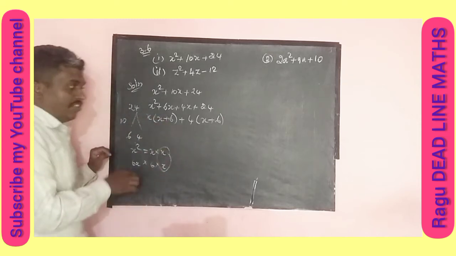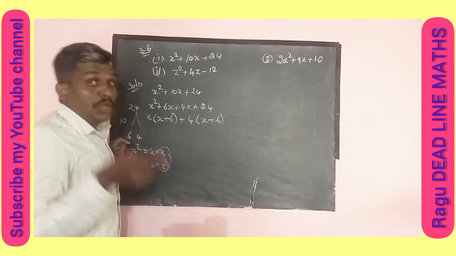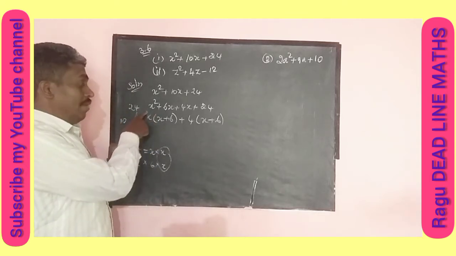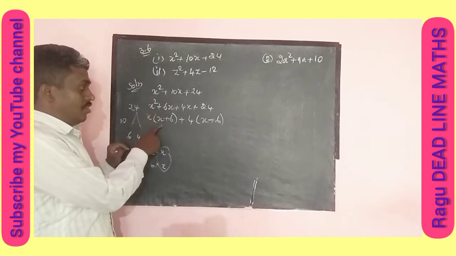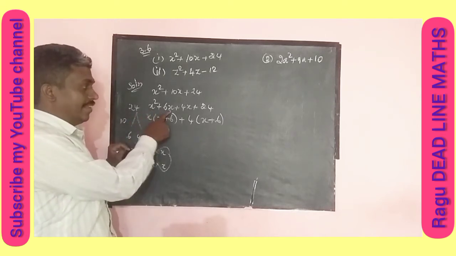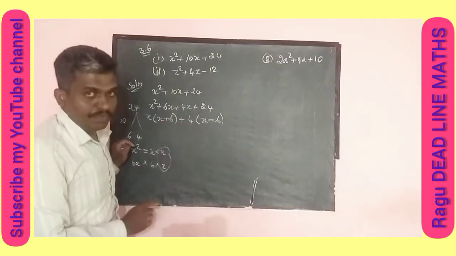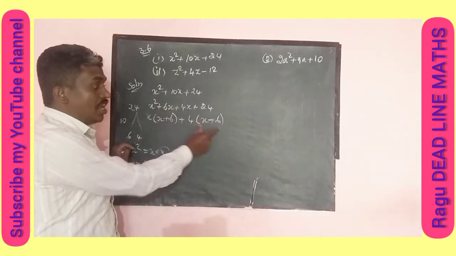Now in this step you have to verify whether your answer is correct or wrong. How? You multiply this again, and you want to get this result. X into x, x square. X into 6, 6x. 4 into x, 4x. 4 sixes are 24. After that, these should be equal.